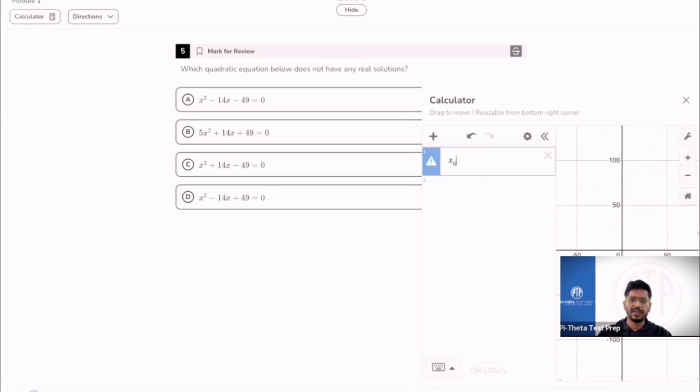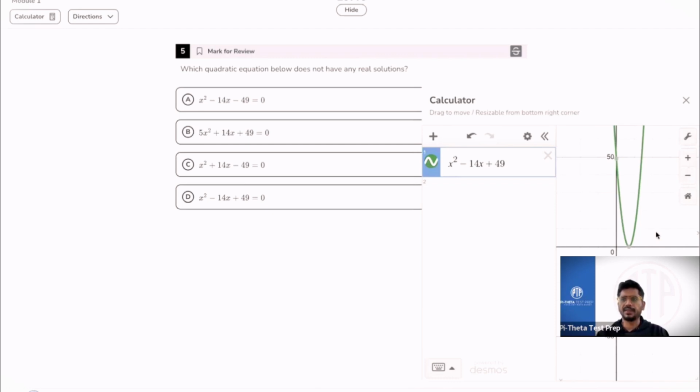We can check on the same equation, or we can check on the other equation. So we can just check. This is also cutting the x-axis. X square minus 14x plus 49. This is also, basically, tangent to the x-axis. That means option number B is our answer, right?